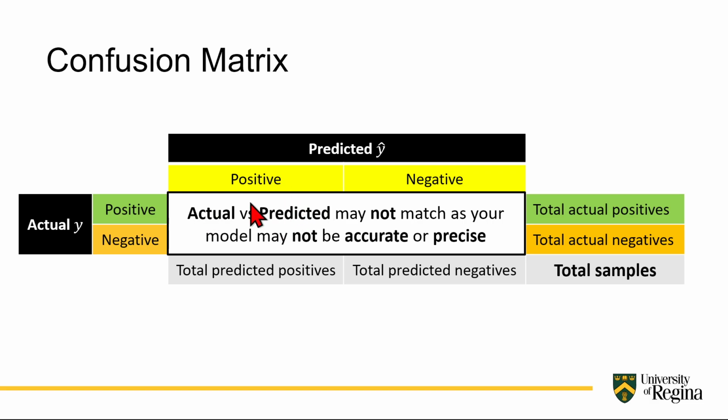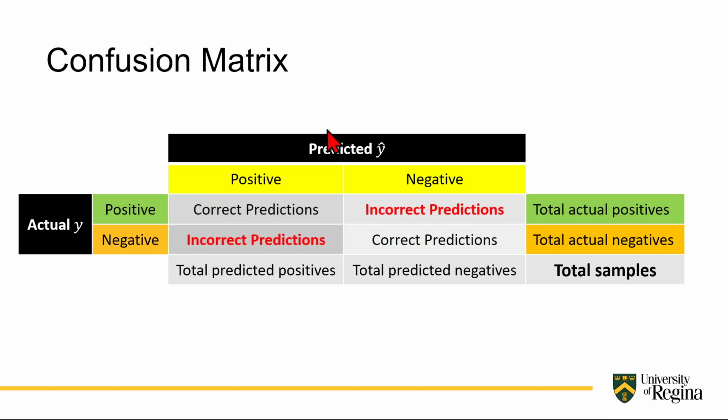You agree that the total number of actual positive cases and actual negative cases might be different from the total predicted positive cases and total predicted negative cases. But the total number of samples is going to be the same. In a confusion matrix, we want to know how many of the actual positive cases were correctly predicted as positive, and how many of the actual negative cases were correctly predicted as negative.